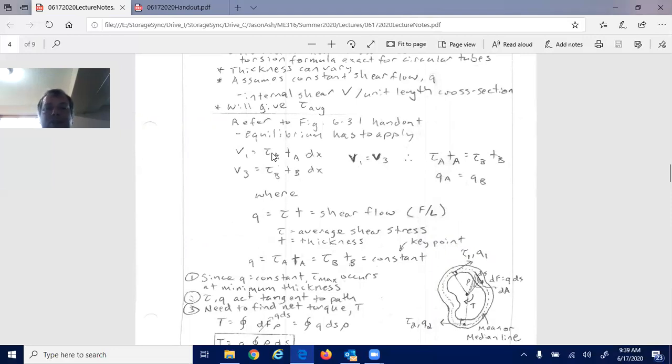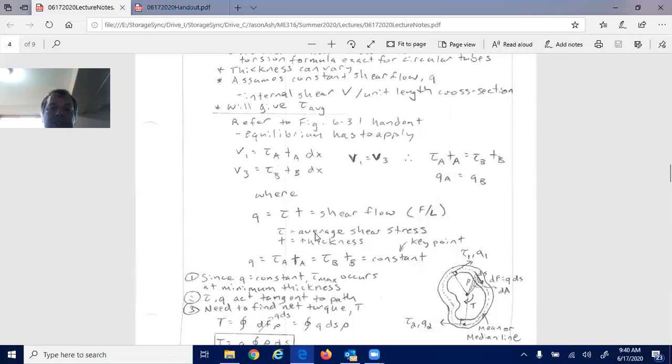When we set these equal to one another, the dx's cancel out, so that the shear stress at A times the thickness at A is equal to the shear stress at B times the thickness at B. These terms, the shear stress tau times the thickness t, give your shear flow: q_A is equal to q_B, where q is your shear stress times your thickness, and that's going to have units of force per length.